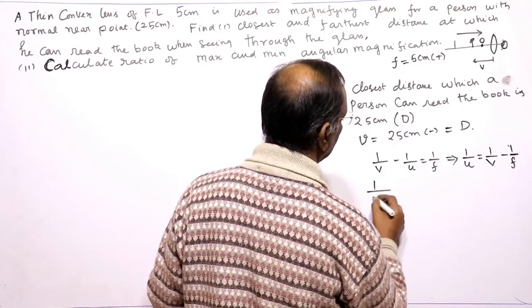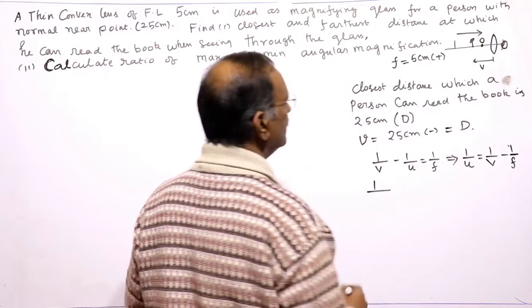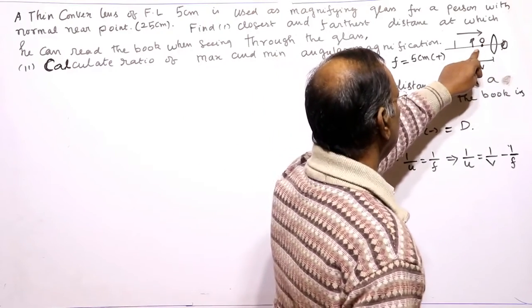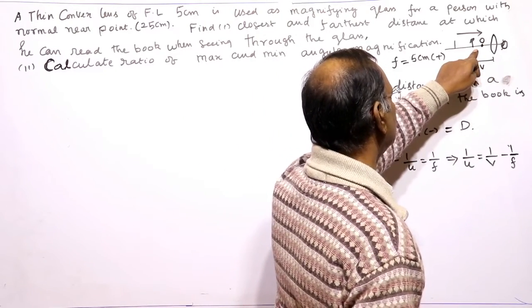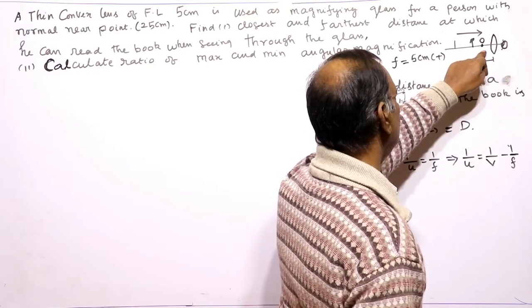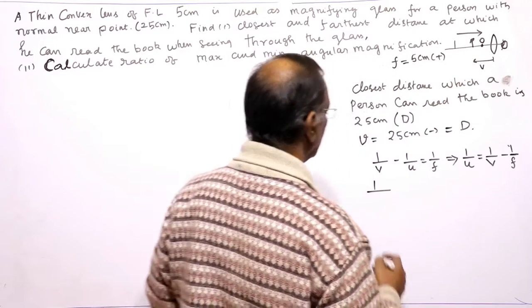So here U is the minimum distance. If the image is to be formed at the least distance of distinction, the object distance should be minimum.